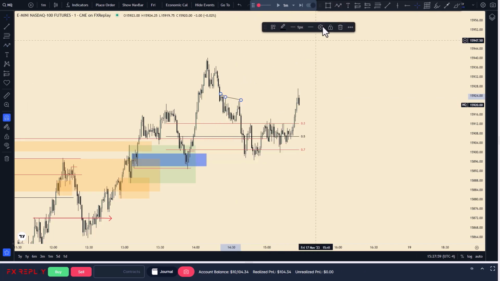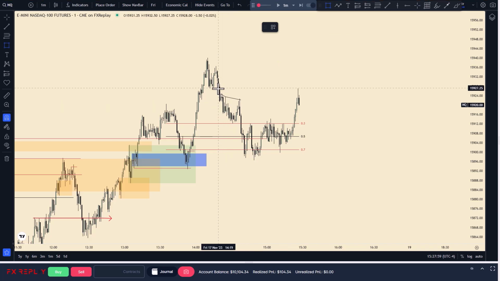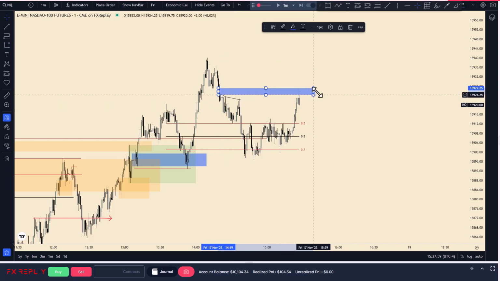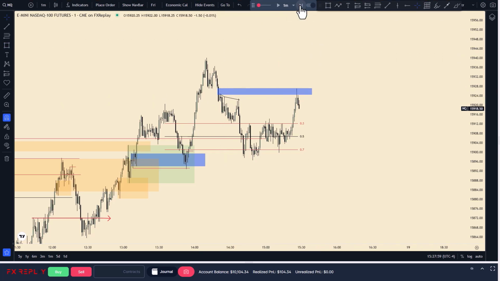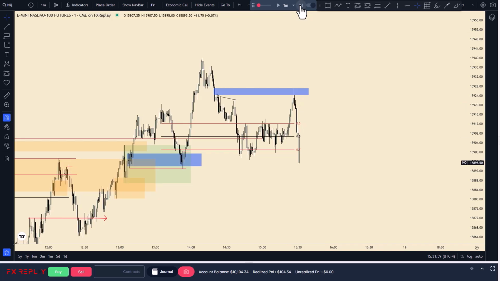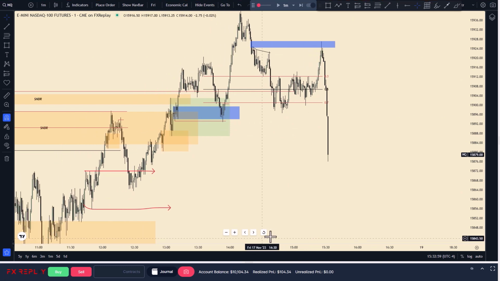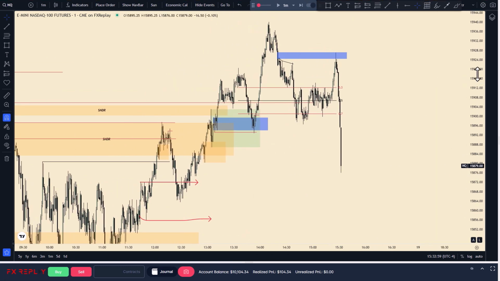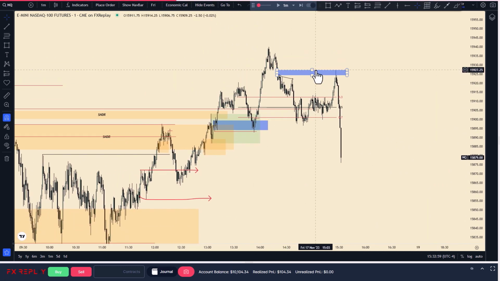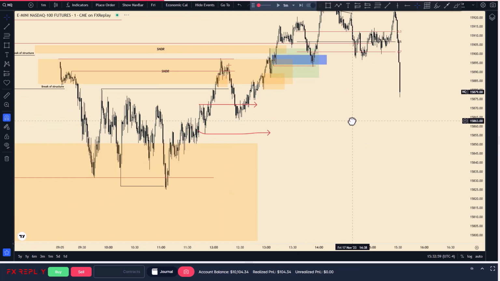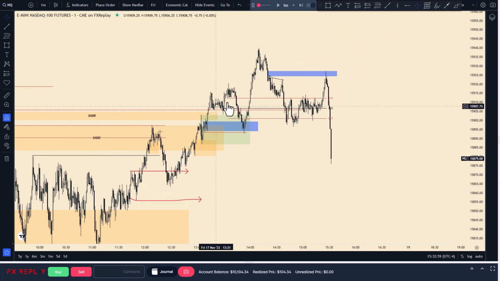And the imbalance right above them. Okay, so what do we see right here? Now this does look like a higher time frame pullback, right? Just like we talked about here.